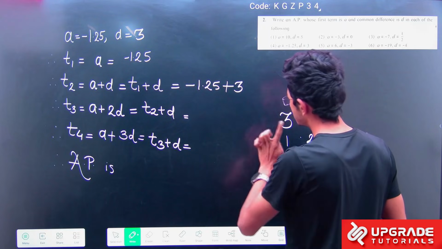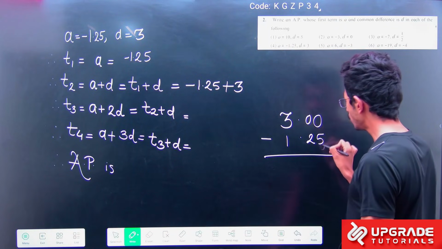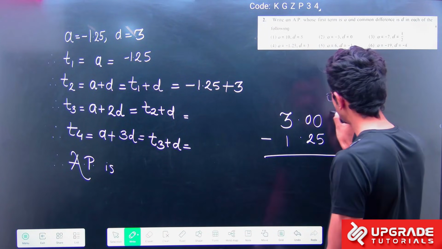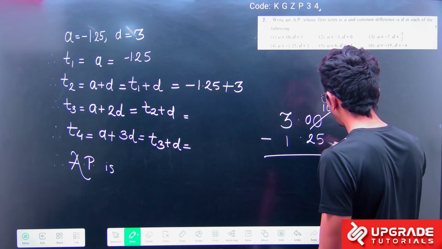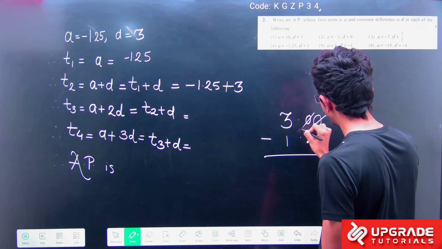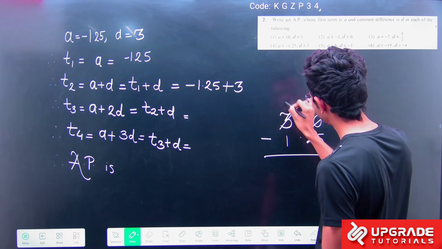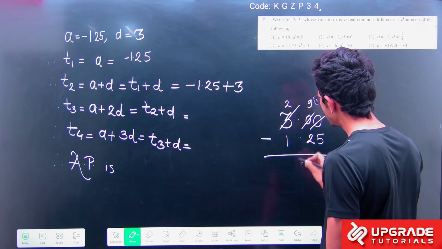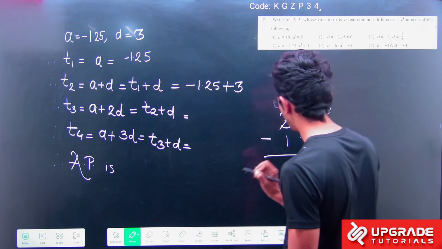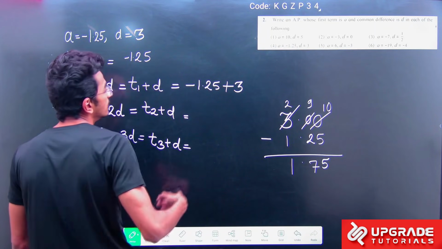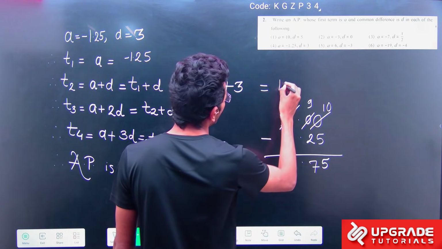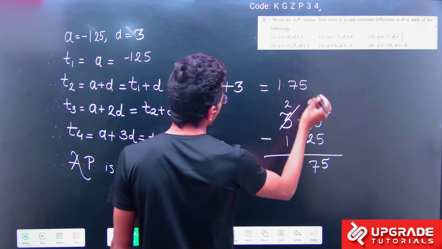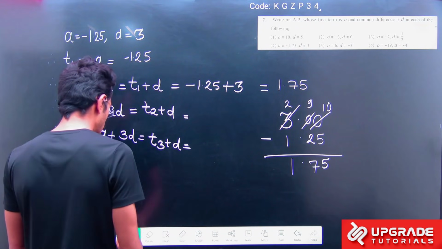Plus minus becomes minus. 0 minus 5, 10 minus 5 is 5. Here it becomes 9, here it becomes 2. 9 minus 2 is 7, and 2 minus 1 is 1. So here the answer is 1.75. Understood?